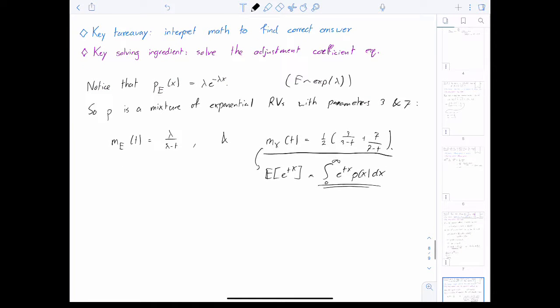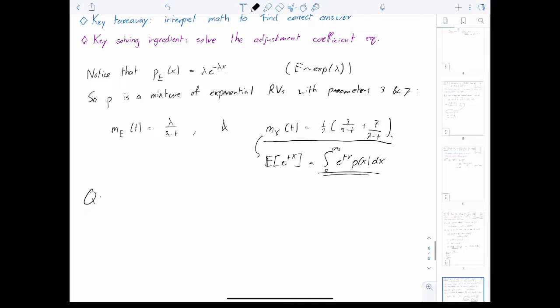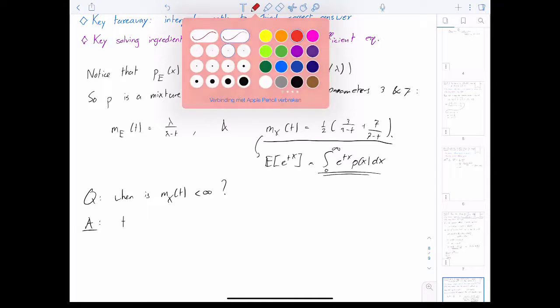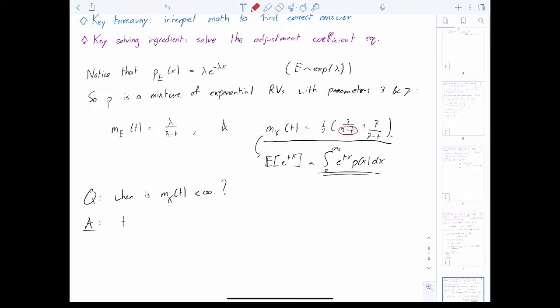Now the question is, when is M_X(t) finite, smaller than infinity? Well, clearly t cannot be 3, and it cannot be 7, because otherwise one of these will blow up and become infinity.